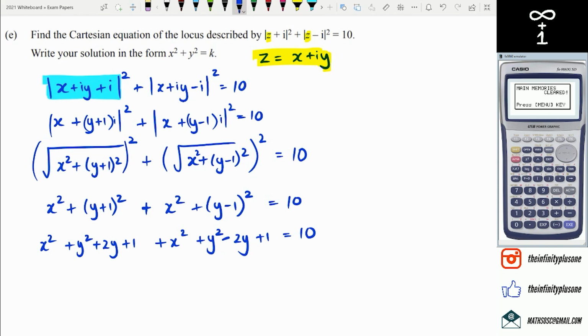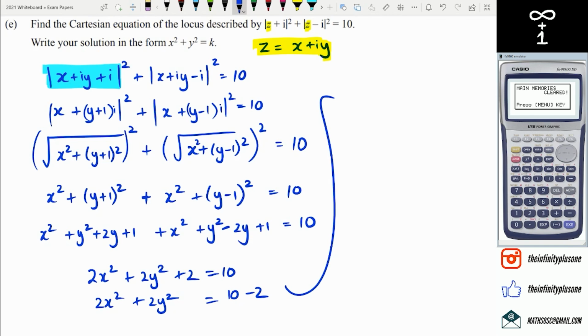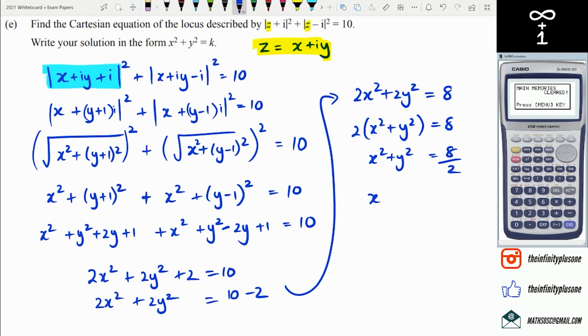Putting everything together, we get 2x squared plus 2y squared plus 2 equals 10. So 2x squared plus 2y squared equals 10 minus 2, which is 8. Divide by the common factor of 2: x squared plus y squared equals 8 over 2, so x squared plus y squared equals 4.